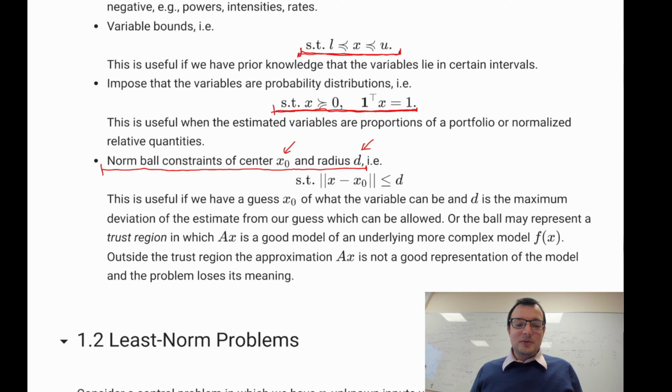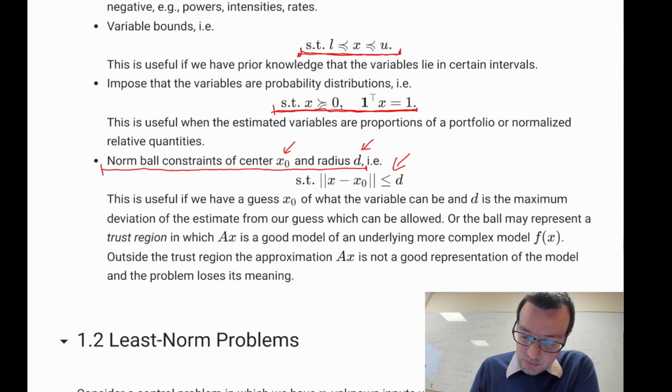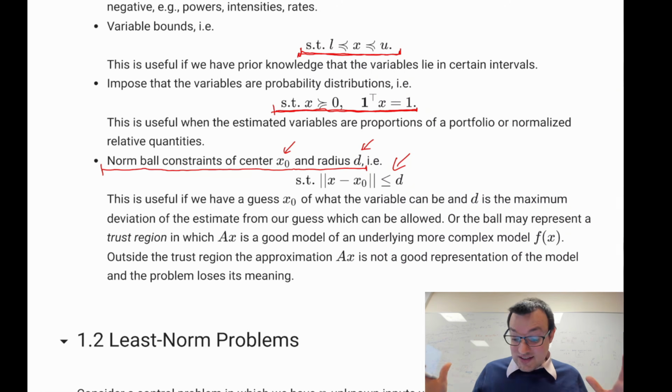That's why we're doing the minimization in this case. But we have a good guess, and we also know that the solution cannot be too far away from this guess. And so we formulate this type of constraint in which we say we want our x to be inside a ball of radius d, which is our trust region, centered in x0.